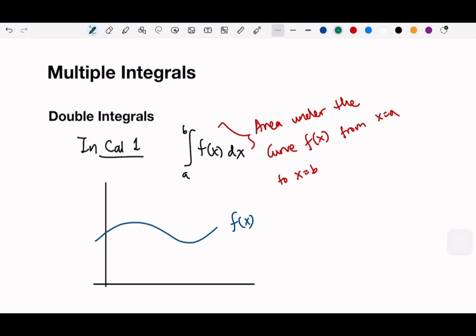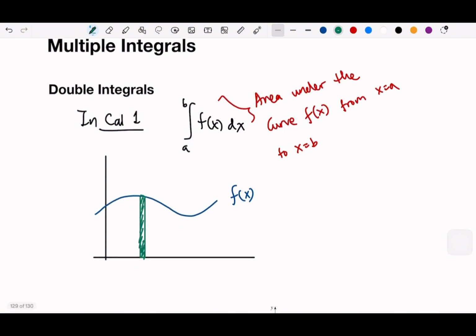The actual integral is basically, we're going to cut this into very small pieces. The width we call delta x, or simply we can write directly dx because it's very small. And suppose that we are going to take from x equal a to x equal b.